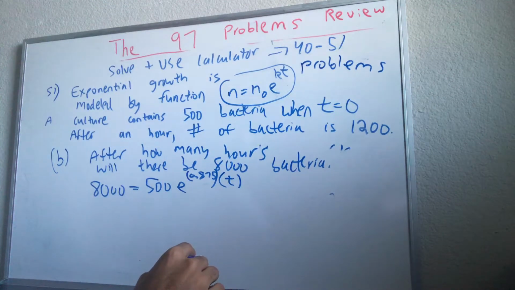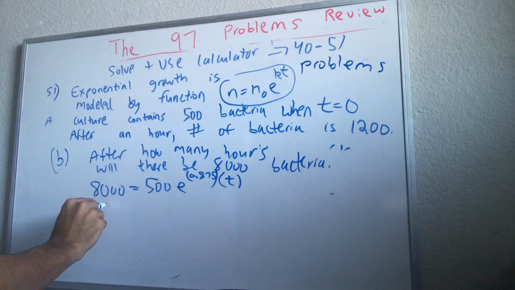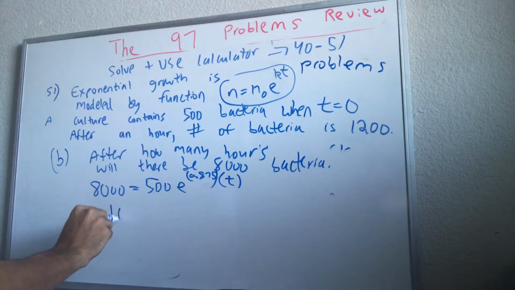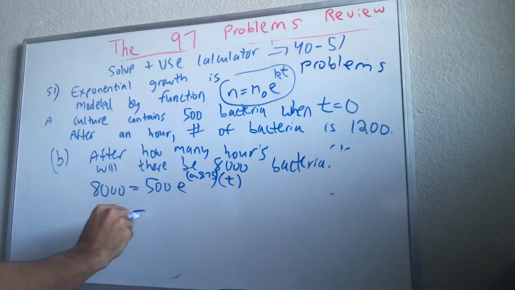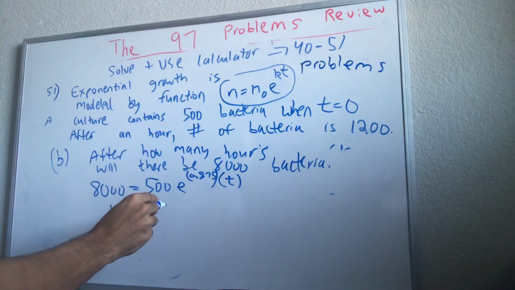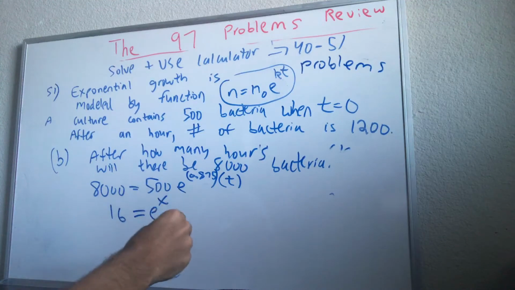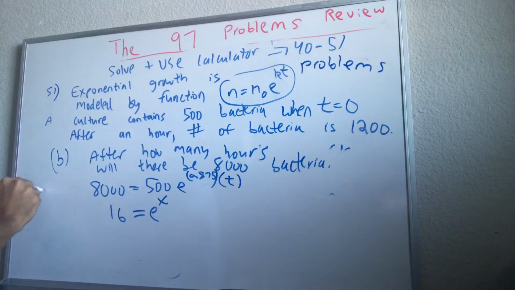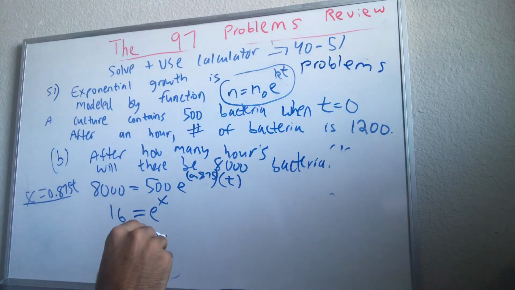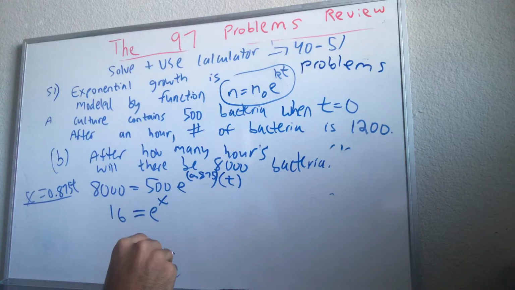Now what we're going to do is divide both sides by 500. So you see that 16 is equal to e to the power of x. I'm just saying x; we can let x be equal to 0.875t.